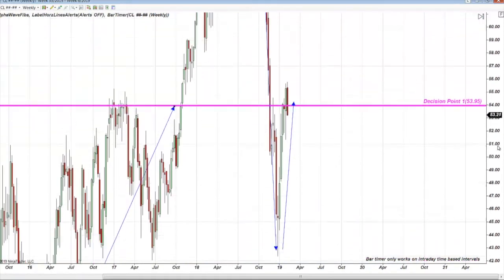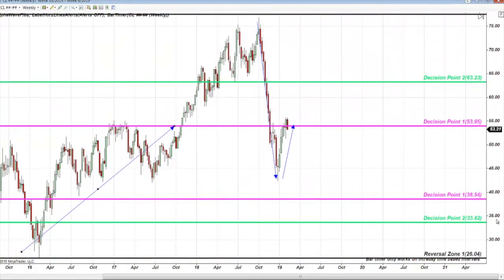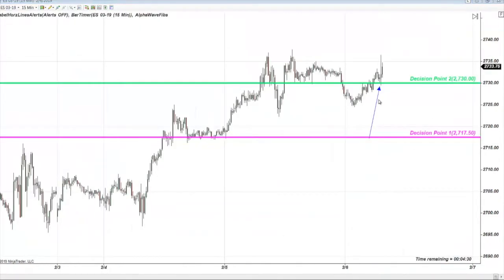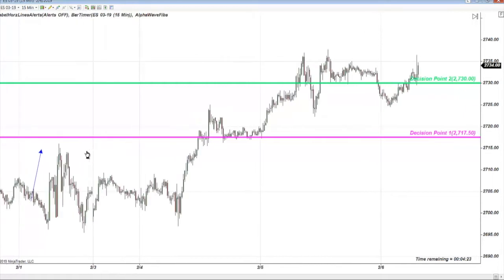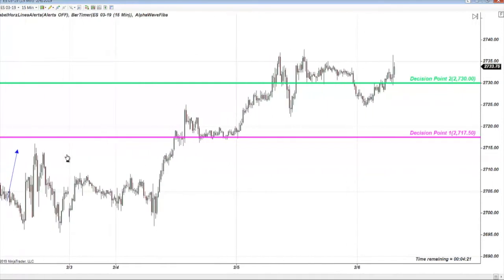And here we are, 2019. Not the place to buy into. So, 54 on oil, 2200 on S&P is what 2700 was on day trading chart S&P for days.